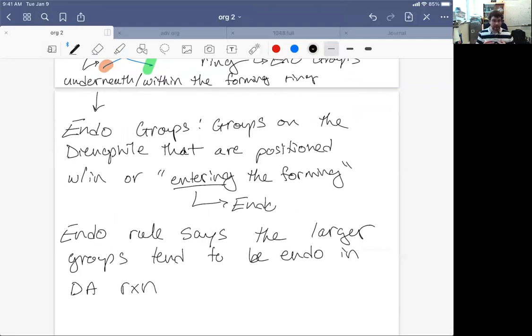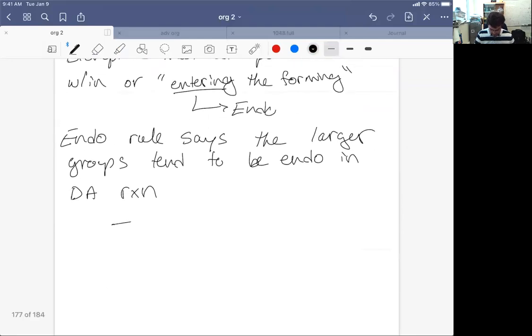Okay, now let's go back to our perspective drawing and think about why these two groups are both down, both dashes, and are cis to each other. Well, okay, if we've got our Diels-Alder diene and we've got the dienophile, what I'm saying is we're going to position the stuff inwards on the ring or underneath that ring. And so here are my bonds showing that things are being formed.